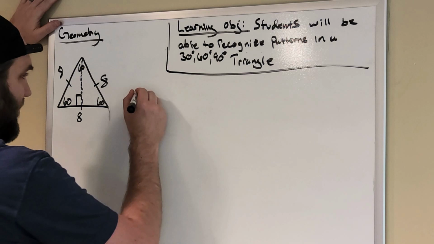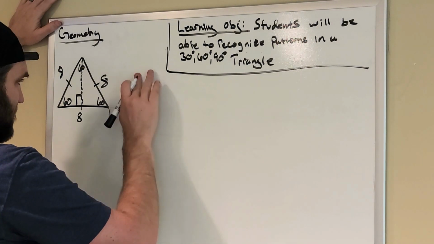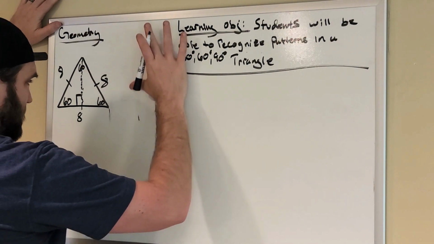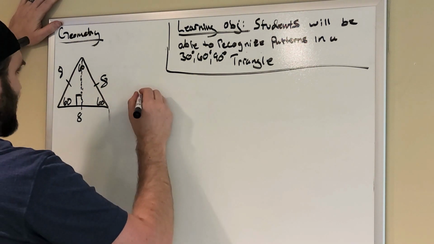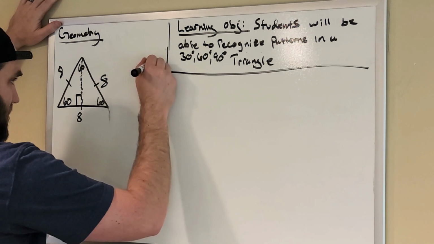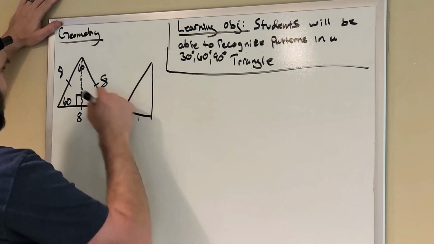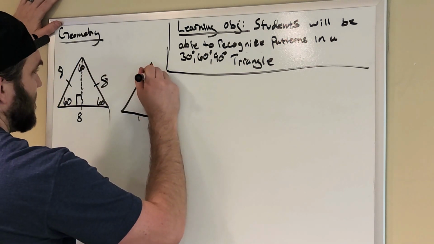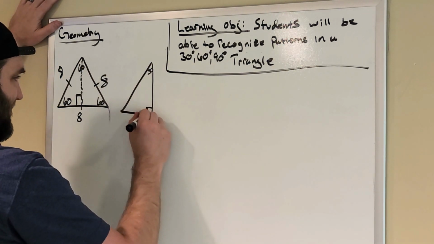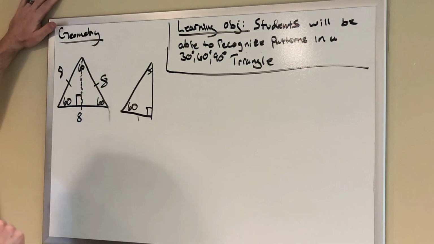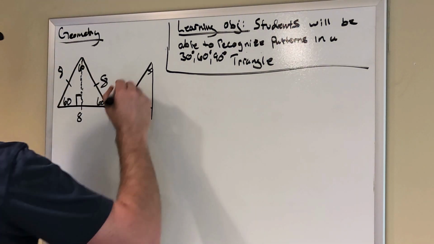So now I have my 30, 60, 90 triangle. This is 30 up here. So that's 30. This is 90, and this is still 60. And this side is 8 still.